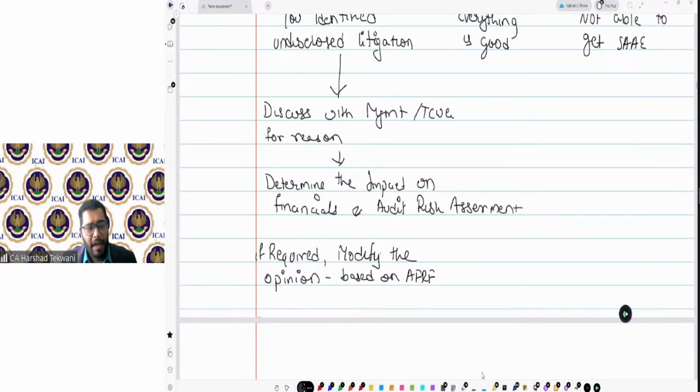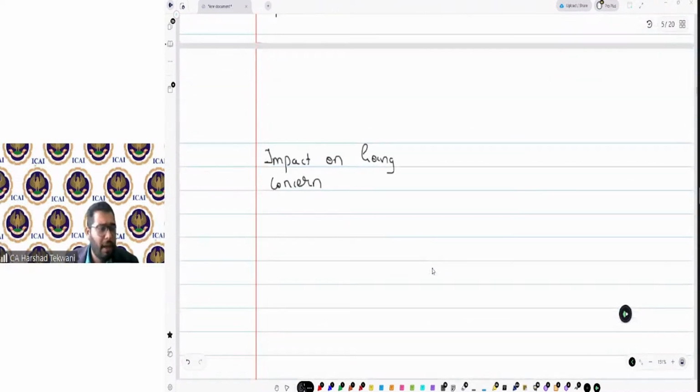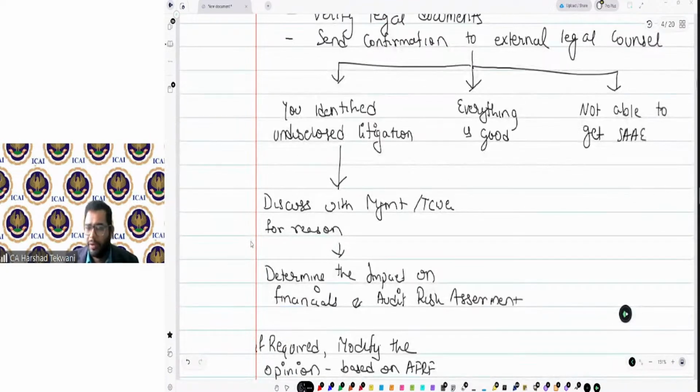The reason is, if there is one such case that you have identified is hidden, there could be further such cases. So you need to modify your risk assessment, and you need to accordingly focus on these areas. So if you identified one issue, there would be multiple. So determine the impact on financials and audit risk assessment. And then, if required, modify the opinion, impact on the going concern, and all the necessary stuff.